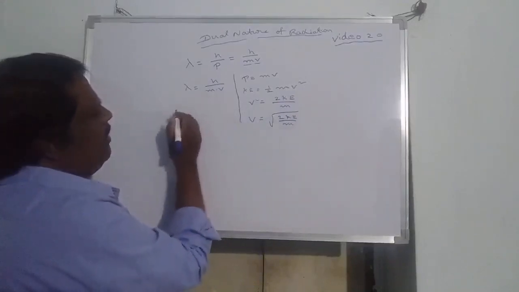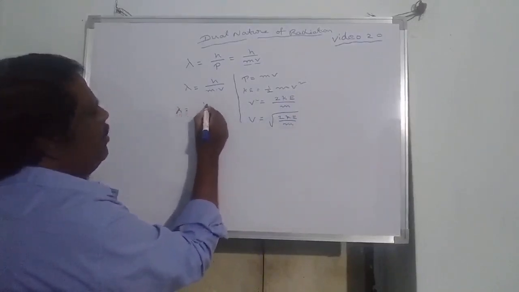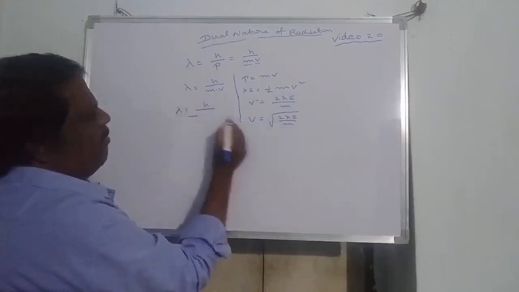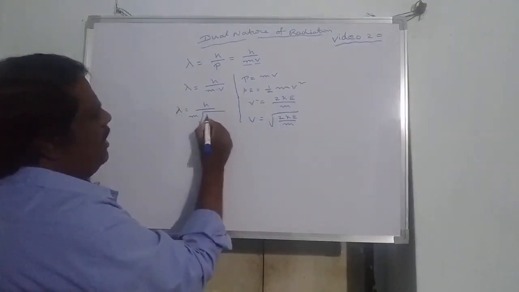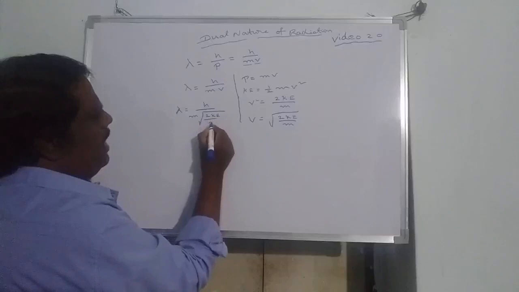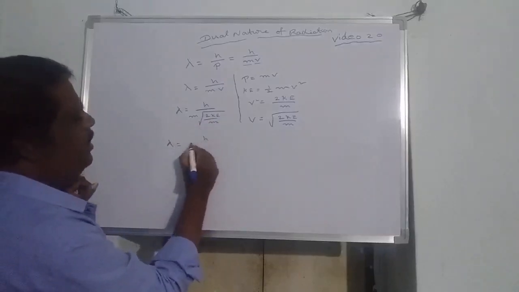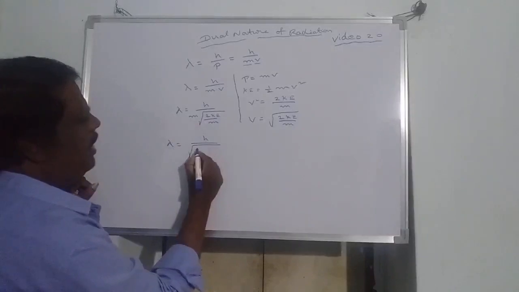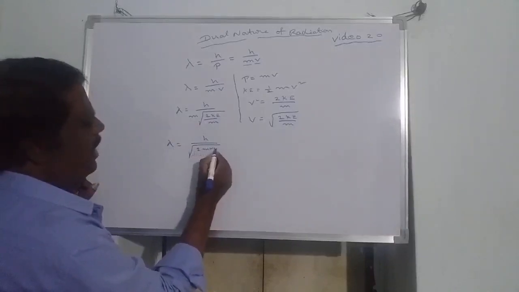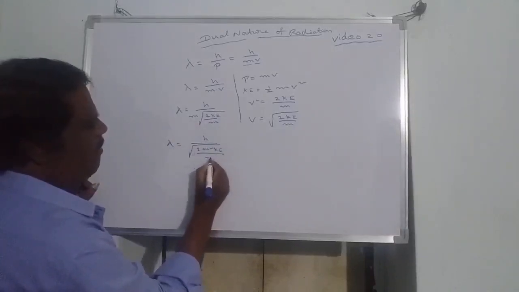So in this place we will substitute lambda is equal to h by m into the v value, which is root of 2KE by m. On simplifying we get h by root of 2m square KE by m.